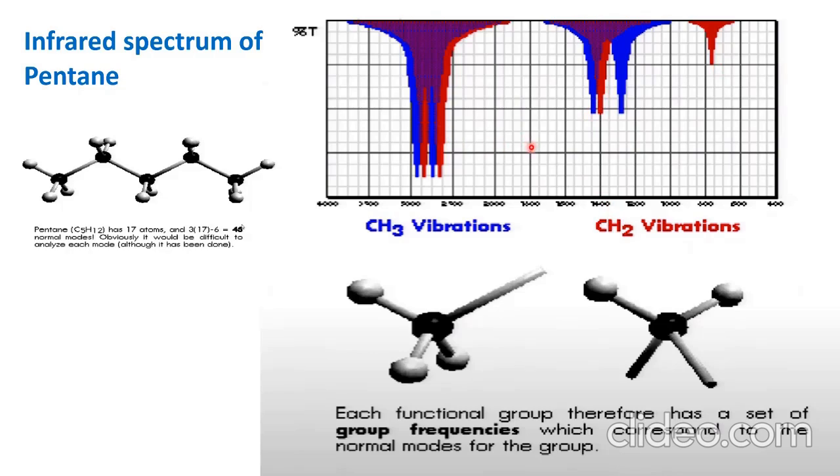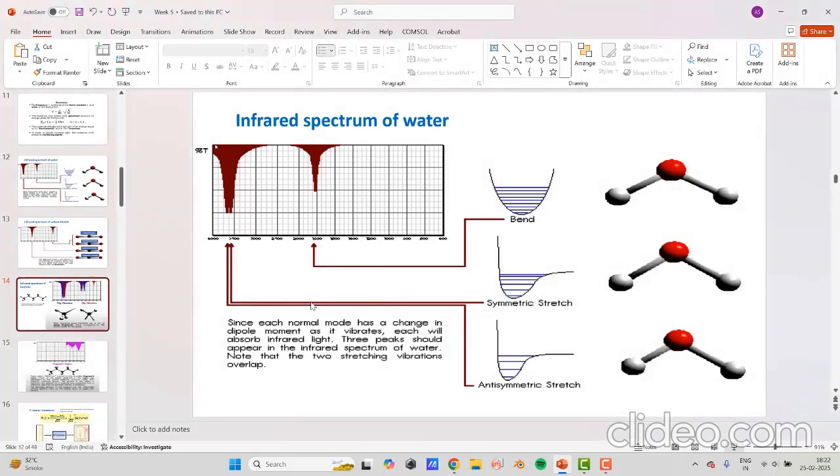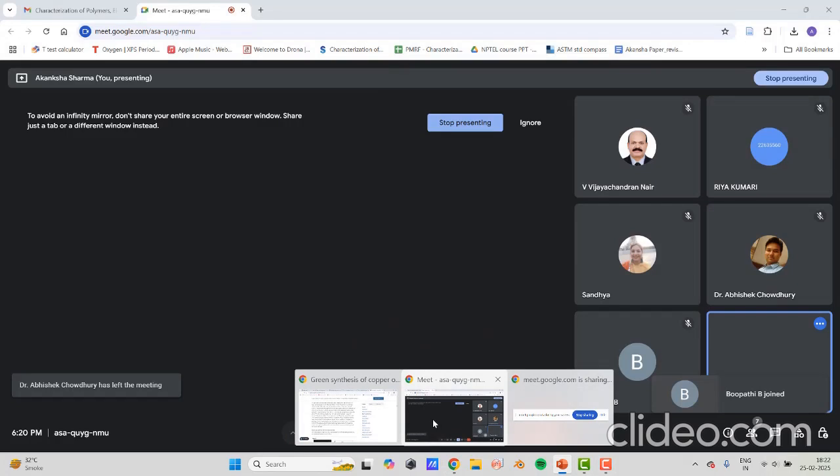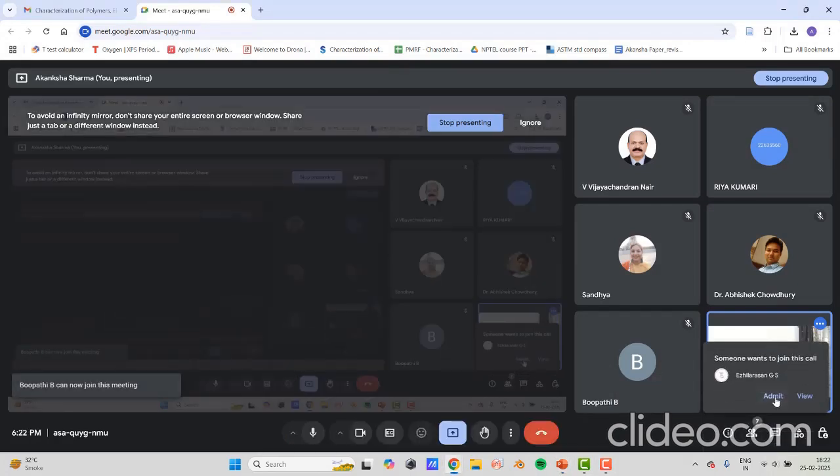So on that basis we can go back to the table which is already there, it is very well established. By correlating with the wave numbers in that table, we can check which molecule is there.